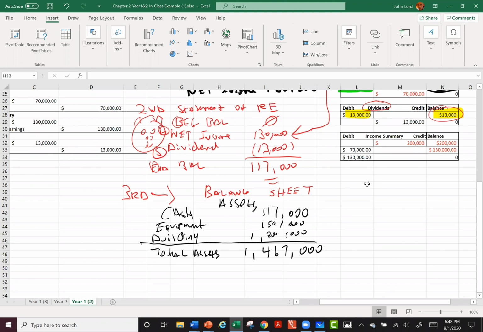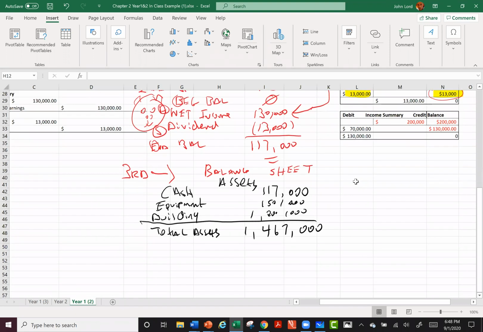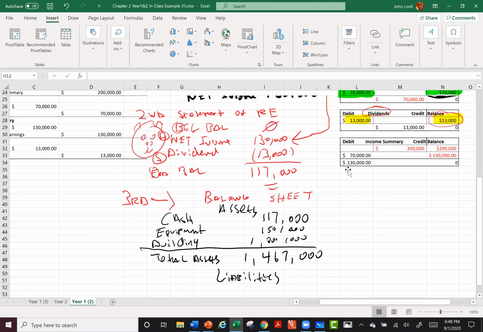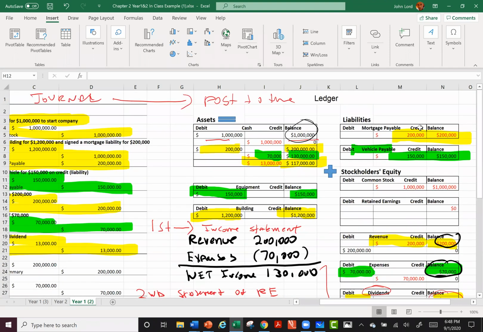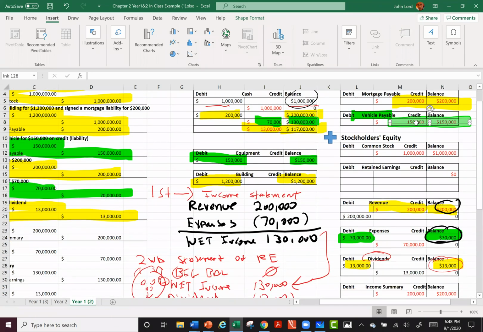Okay. Then we look at our liabilities, our bills. Do we have any? Mortgage and vehicle. That guy still wants the 200,000 and the guy still wants his 150 for the vehicle, right? We haven't paid any of it yet. So we still have those bills.